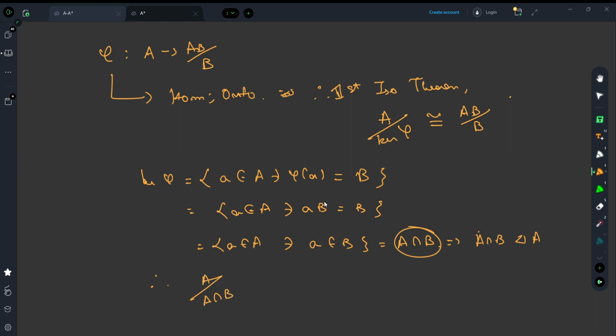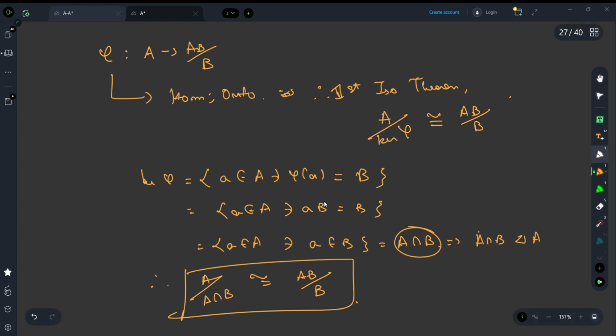And A mod A intersection B is isomorphic to AB mod B. I guess this statement is clear.